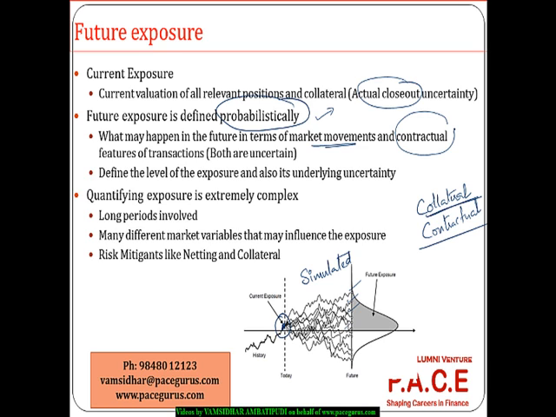All the contractual features and how they behave in the future will determine the future exposure. So I will always look at the future exposure in terms of what the value is, what the uncertainty associated with it is, and what the fluctuation or volatility associated with it is.